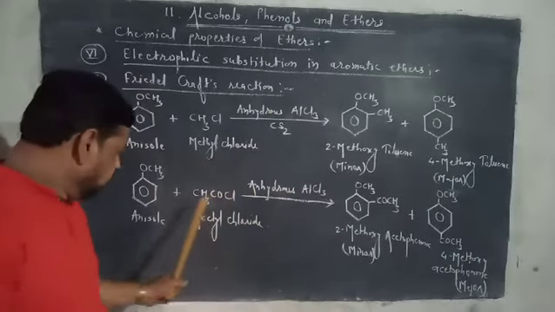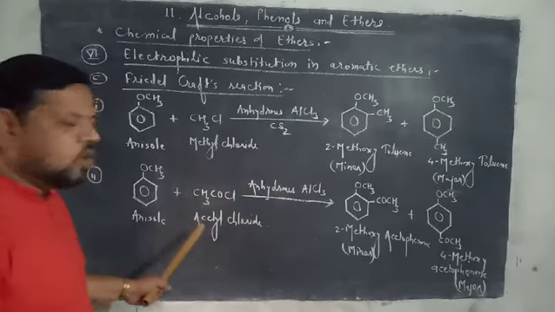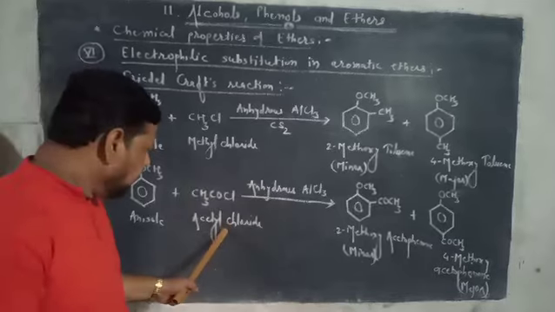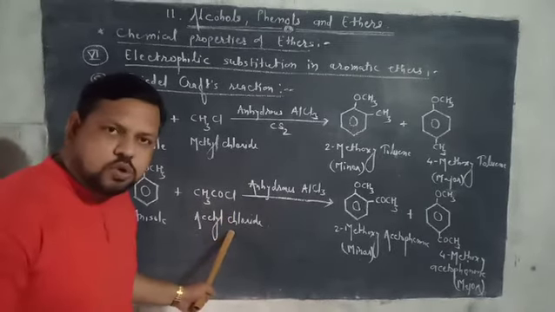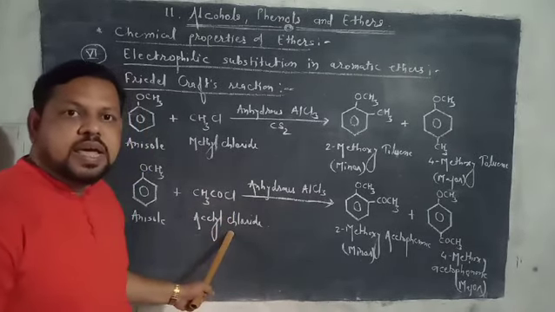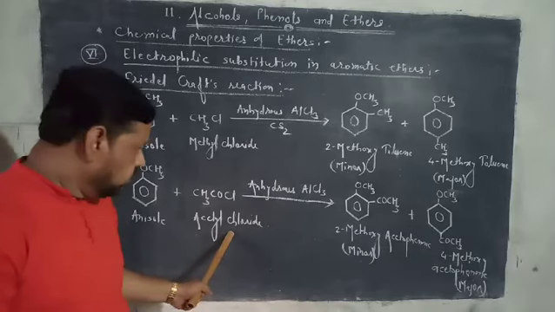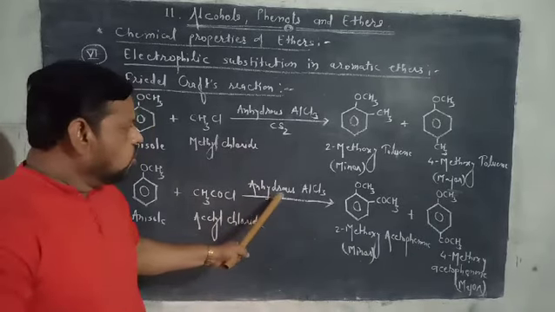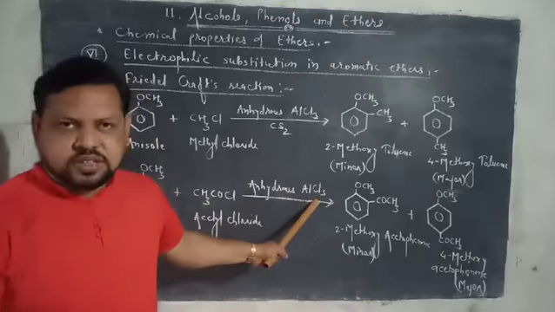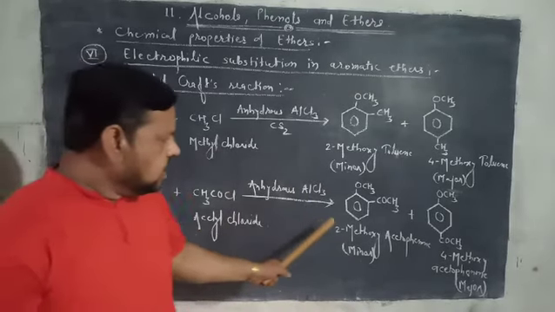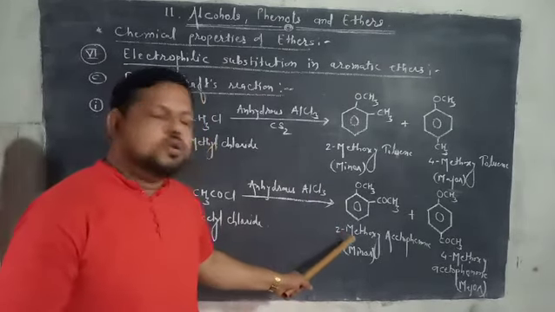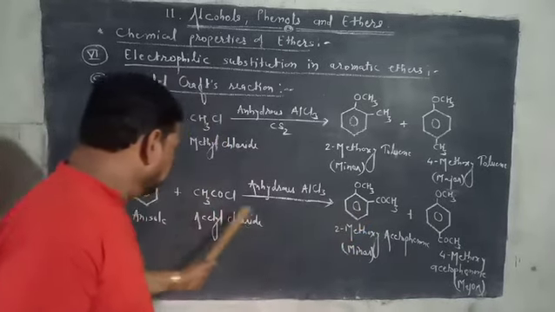Then acetylation. When anisole reacts with acetyl chloride, instead of acetyl chloride, we can use acetic anhydride also. Okay, in presence of anhydrous AlCl3, then it gives the ortho product, that is 2-methoxyacetophenol.